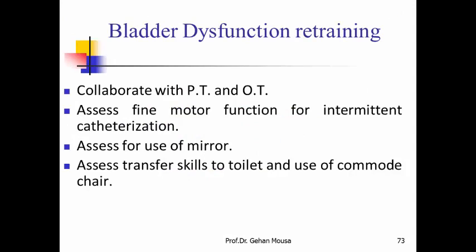Physical therapist and occupational therapist play a role after that in bladder dysfunction retraining. Equip the toilet bathroom well with any accessories, like a toilet chair, to help the patient to evacuate easily.